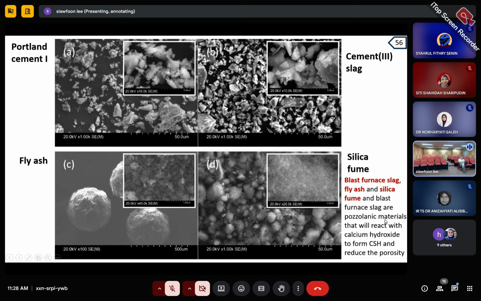They are called pozzolanic materials. Why are they called pozzolanic materials? Because they will react with the calcium hydroxide and transform it to C-S-H. Because the calcium hydroxide will be produced in the Portland cement, as I explained before in my previous slide. And then the C-S-H will act like a glue, which means this product here, fly ash, slag, and silica fume, will transform calcium hydroxide to form C-S-H, which means there will be more glue formed inside this concrete.